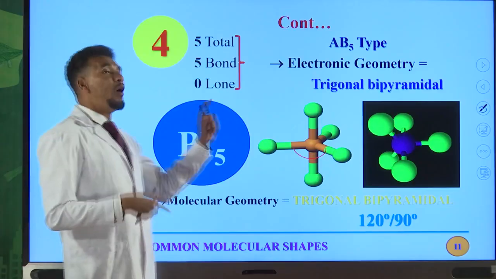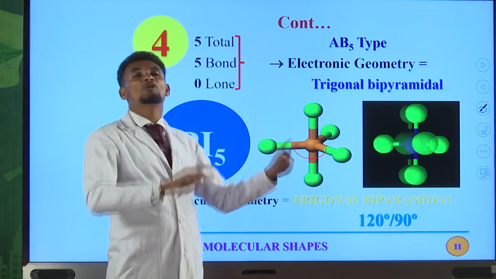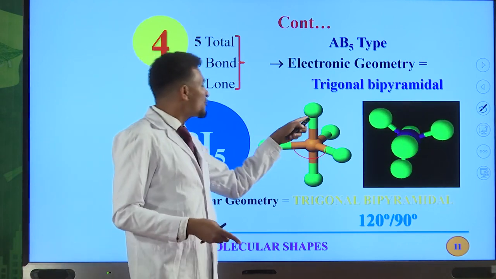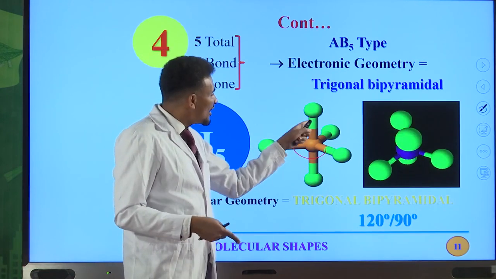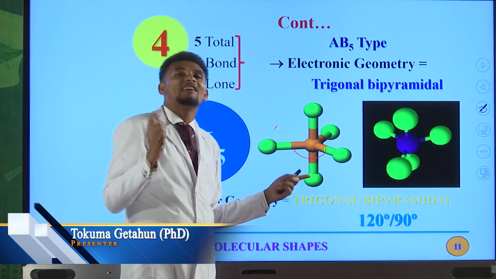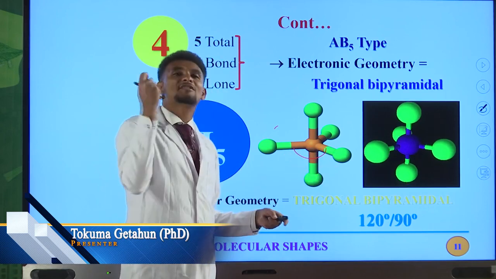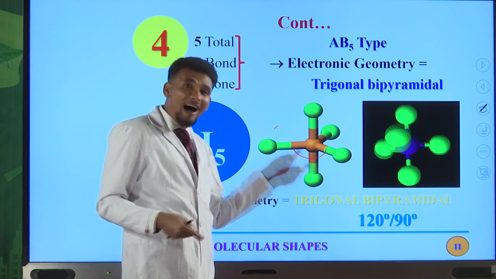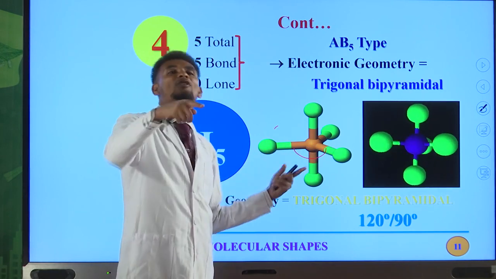All the time, lone pairs of electrons are placed on the equatorial position to minimize repulsion. Because, for example, if this bond is replaced by a lone pair of electrons, the angle between this lone pair and this equatorial bond is only 90 degree. If, for example, this bond is replaced by a lone pair, the angle between this lone pair and this bond pair is 120 degree.